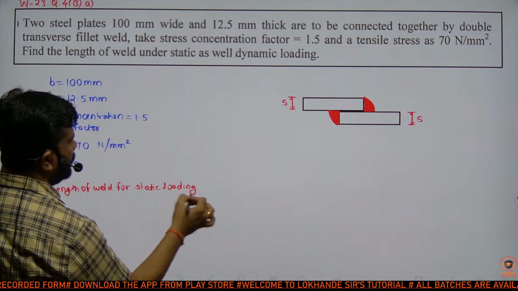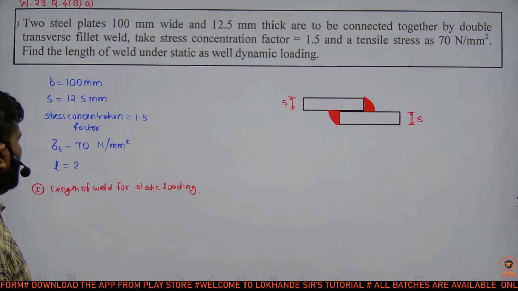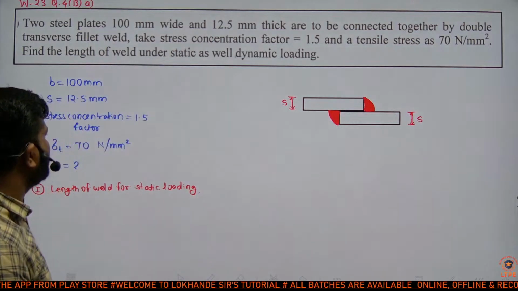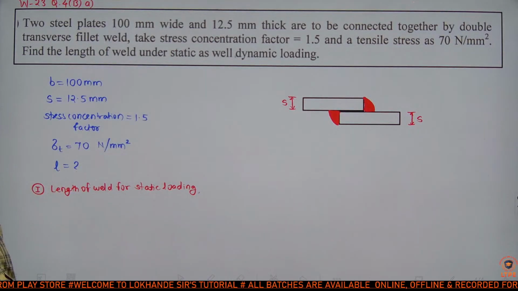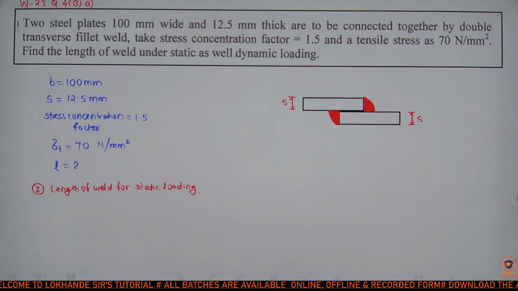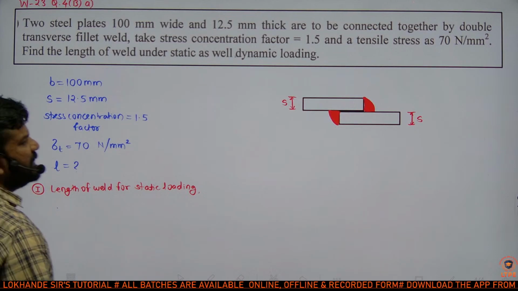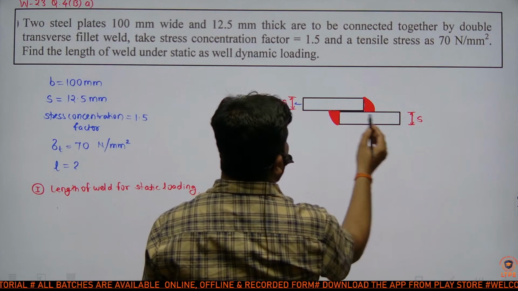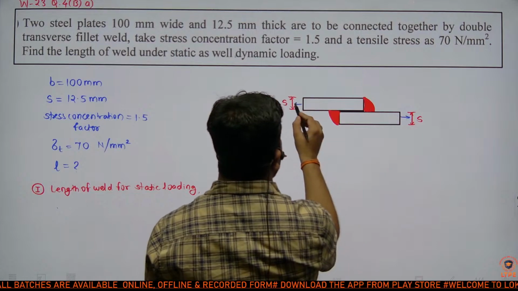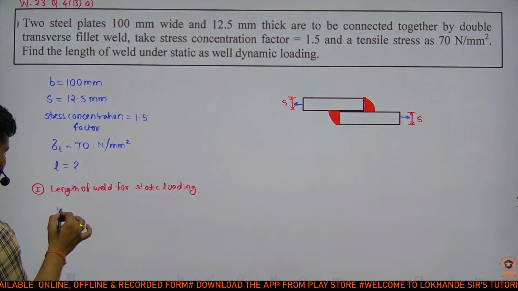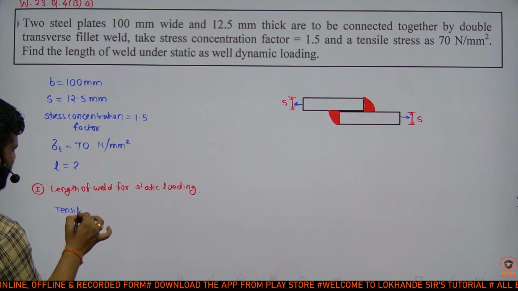Length of weld for static loading. For static loading, which load is present on this plate? Assuming the tensile load, which strength do we have to check? Tensile strength.